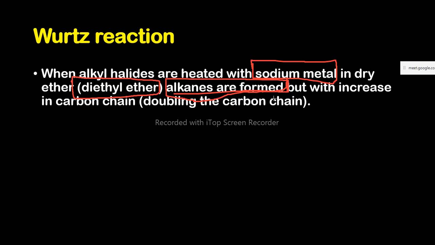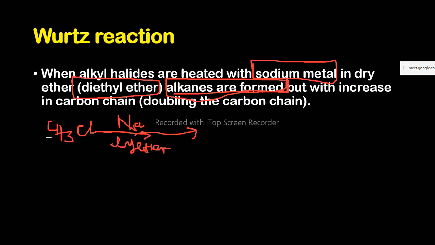The alkane formed is going to double in the carbon chain. For example, if I have CH3Cl and I heat it with sodium metal in the presence of dry ether, then I shall form an alkane.